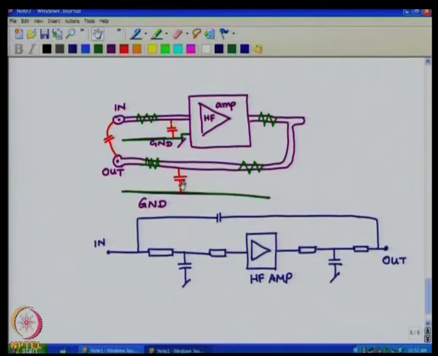You probably would have to decrease the value of these capacitances. How does one go about decreasing them? These are some of the issues we need to look at, probably by putting guards in between tracks, which will increase the impedance between the input and output.